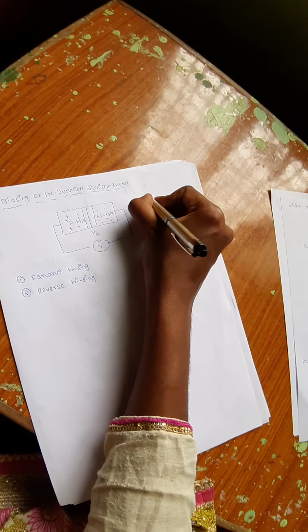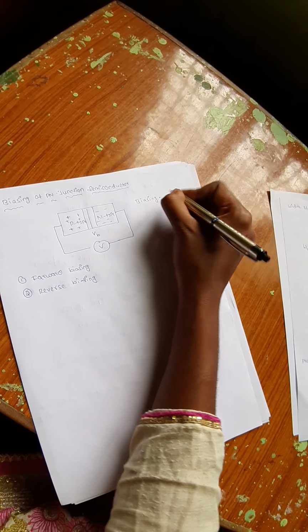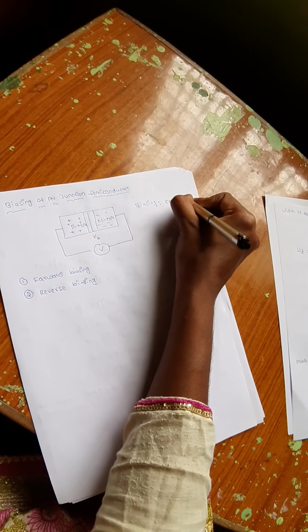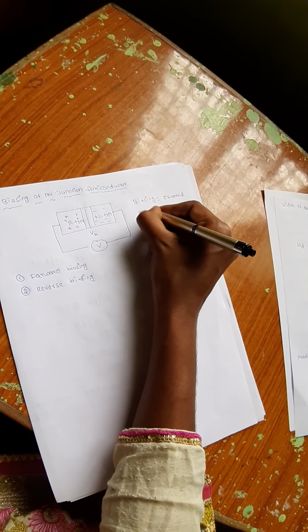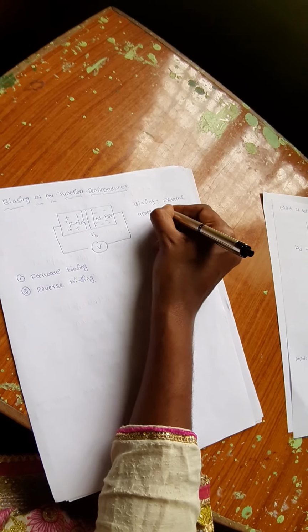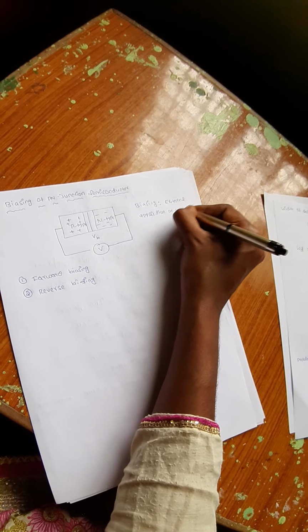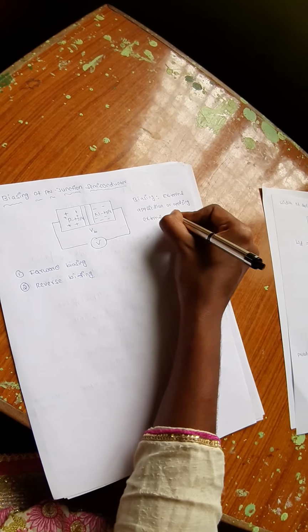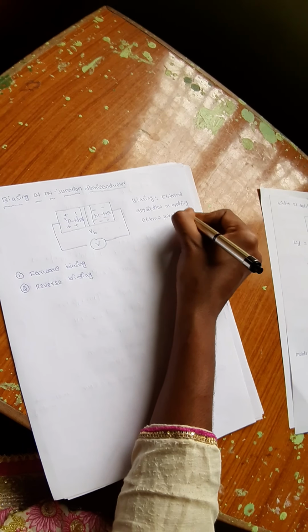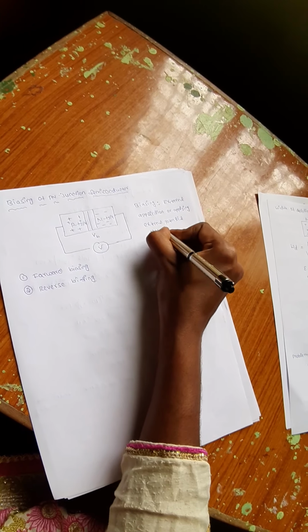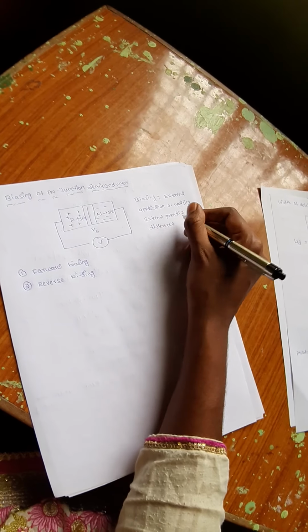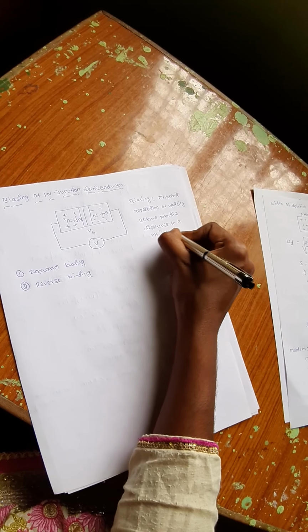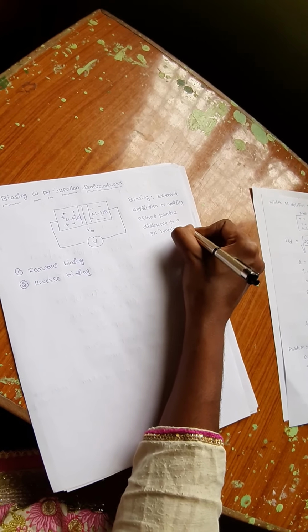We should know the biasing definition: the external application of a potential difference, that is nothing but a voltage difference, to a PN junction semiconductor.